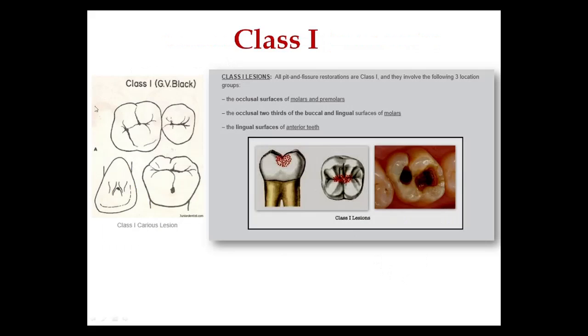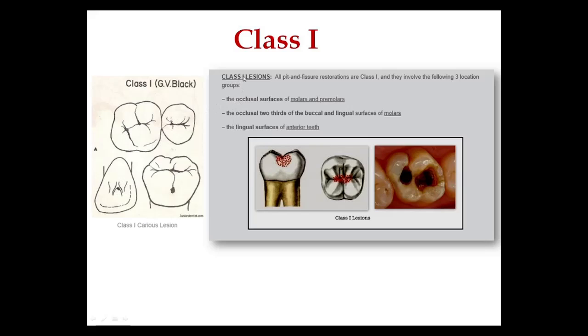Class number 1 according to Black. All pit and fissure restorations are class number 1, and they involve the following 3 localizations: occlusal surfaces of molars and premolars; 2/3 of buccal and lingual surfaces of molars; and lingual surfaces of anterior teeth, incisors and canines.